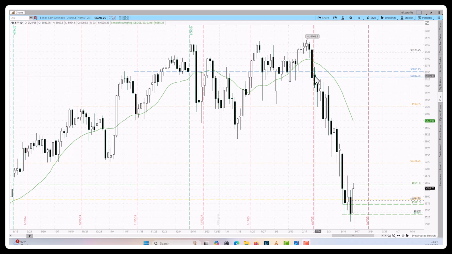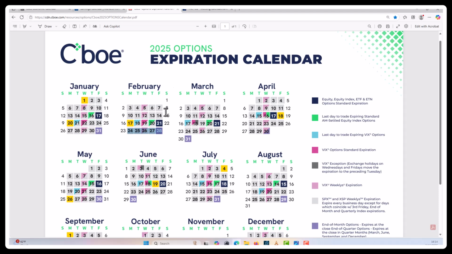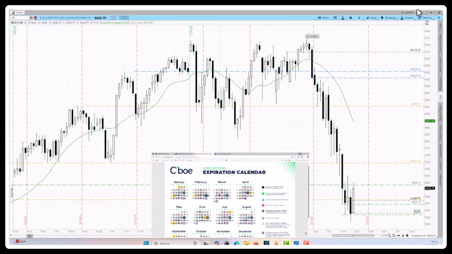That is on a Monday, right? Friday is the 21st of February. Right here, Friday, right there. So Friday it breaks that level, and Monday is the 24th right there.